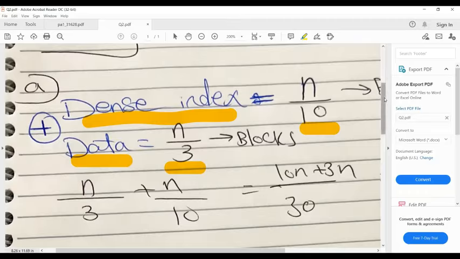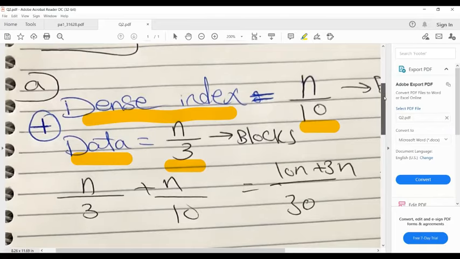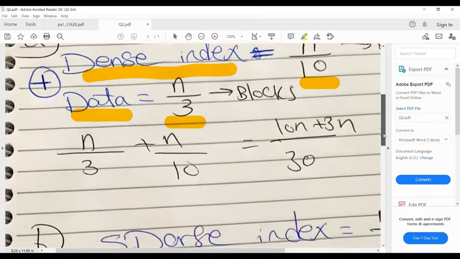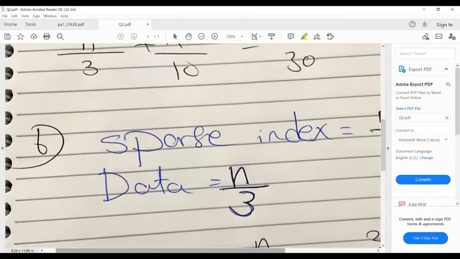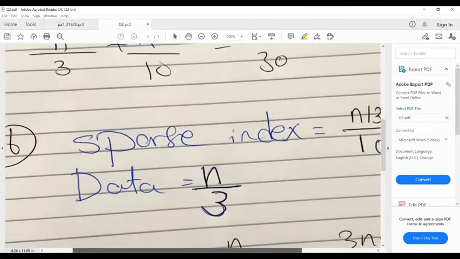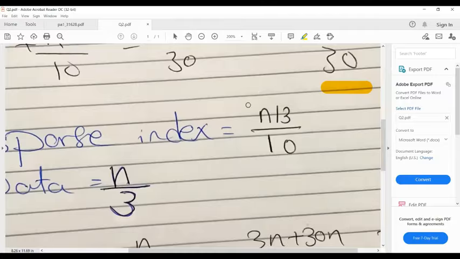And again, the page per index can hold up to 10 key pointer pairs, meaning that the page per index can hold up to 10 records. So I will divide by 10 also, but I'm not going to divide n by 10 because I don't need to include all the n records in my sparse index. I will divide n/3 by 10.